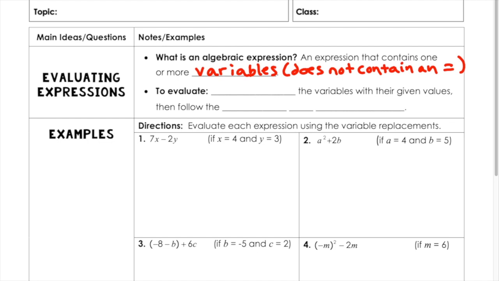That's the difference between an expression and an equation. We can simplify expressions and evaluate expressions, but we cannot solve expressions. To evaluate, we substitute the variables with their given values, and then we follow order of operations.